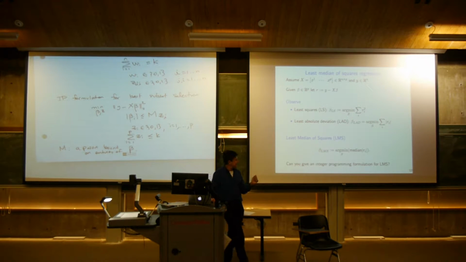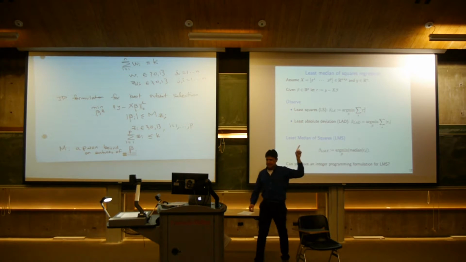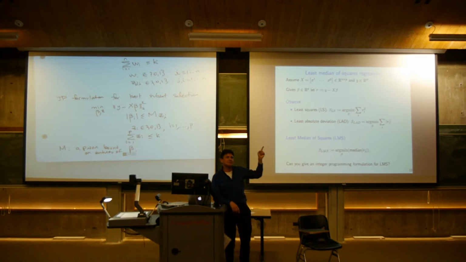But there is a big difference between this one and those up there. If you look at the objective in the least squares, and even in the least absolute deviation, the objective that we are trying to minimize in both of those cases is a nice convex function. The first one is especially nice, right? It's a nice, smooth convex function.